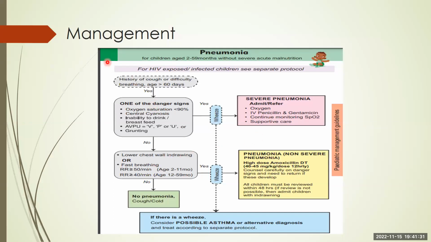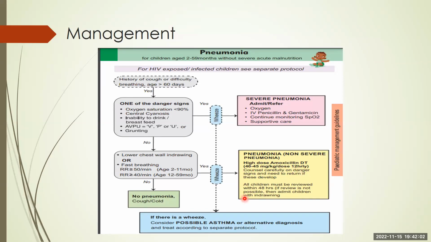Then, if the child has history of cough or difficulty in breathing and lower chest wall indrawing or fast breathing of more than or equal to 50 breaths per minute for the age of 2 months to 11 months, and if between 12 to 59 months, a respiratory rate of more than or equal to 40 breaths per minute, that will be non-severe pneumonia, and you should give high dose amoxicillin, 40 to 45 milligrams per kg, twice a day.